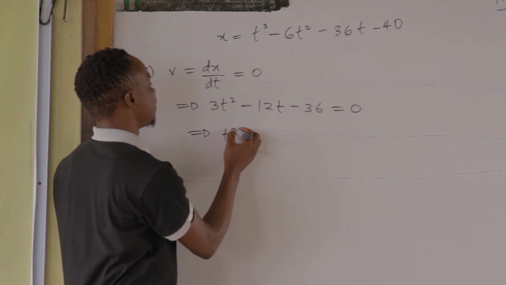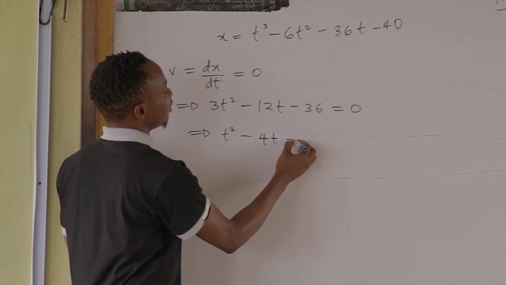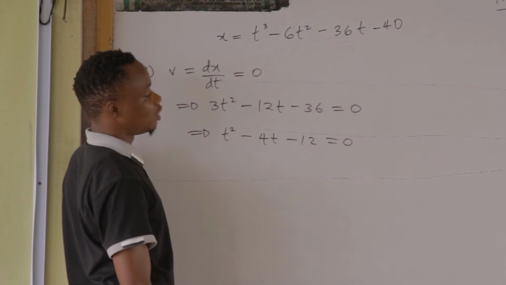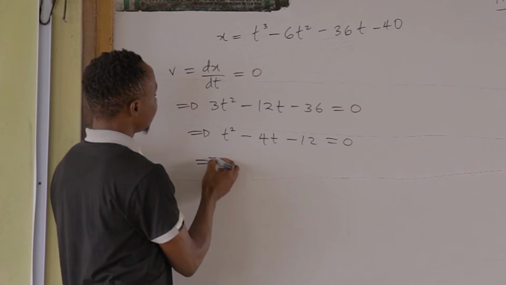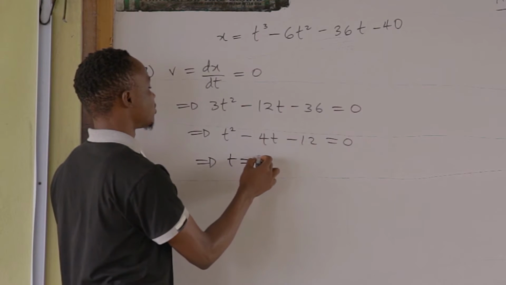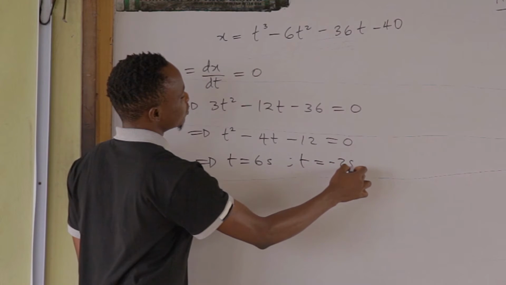Dividing through by 3, you're going to have t squared minus 4t minus 12 equals 0. So what do you get this to be? That's going to be 6 and minus 2. You're going to have t equals 6 seconds, t equals minus 2 seconds.